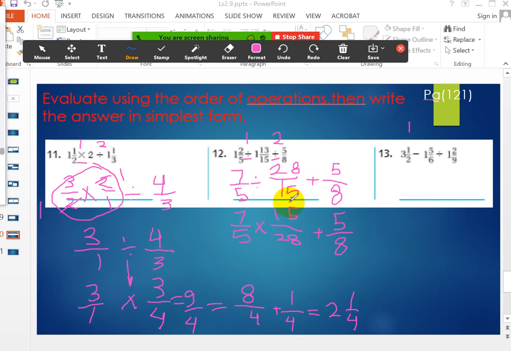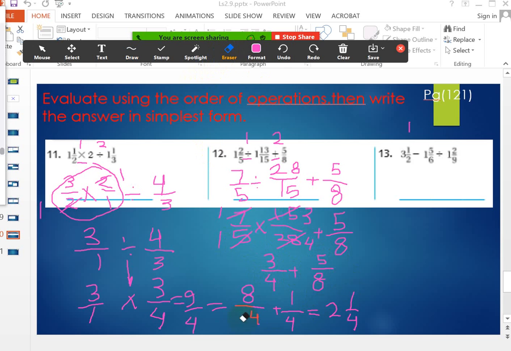Here I have to simplify the numbers. 5 and 15 divided by 5, this one will be 1 and this one will be 3. Also 28 and 7 are able to divide by 7, this one will be 1 and 28 divided by 7 equals 4. So 1 multiply 3 will be 3 over 1 multiply 4 equals 4, plus 5 over 8.